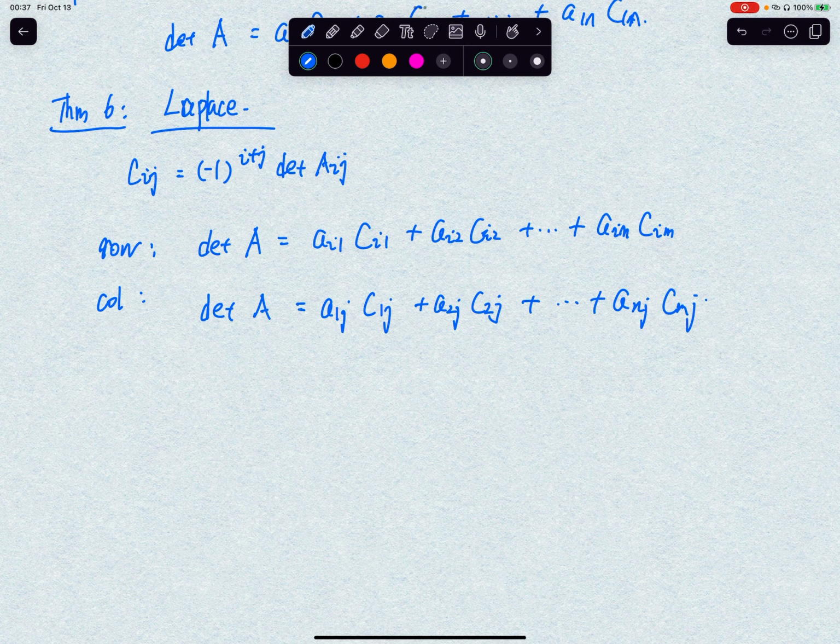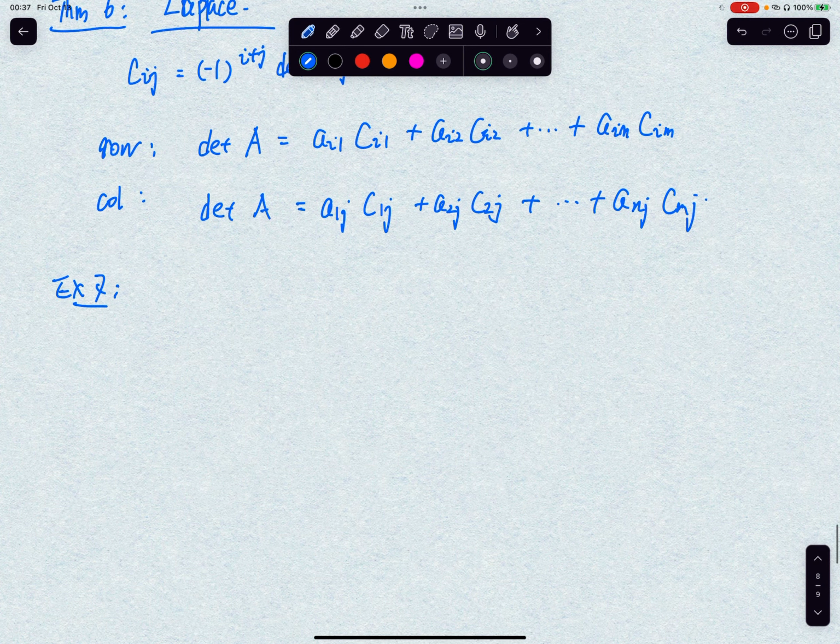So we shall introduce some techniques. The first technique is to choose a row containing as many zeros as possible. We have seen that.